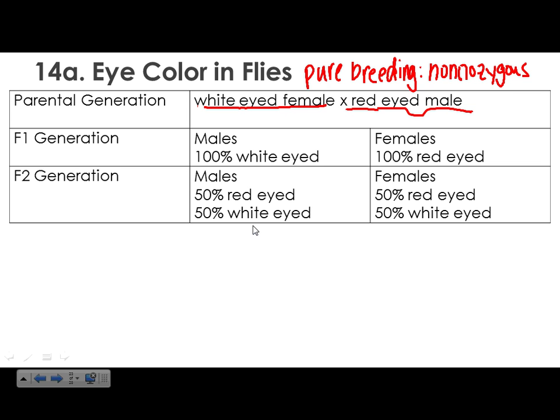Then they take those offspring, which result in the F1 generation, and they're going to cross those two in order to make the F2 generation.